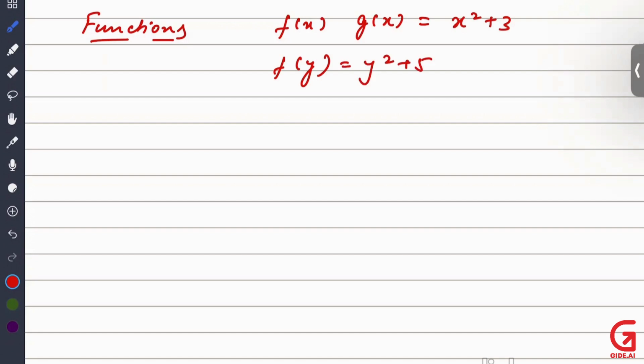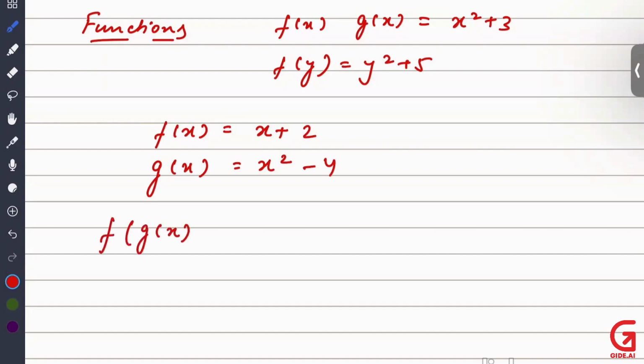So what we have to understand from the exam's point of view is composition of functions. If I have f(x) = x + 2 and g(x) = x² - 4, and I want to find f(g(x)), the first thing I have to do is replace x with g(x).